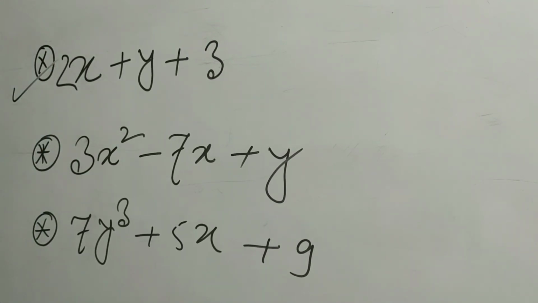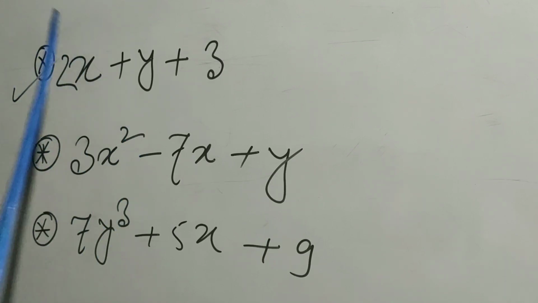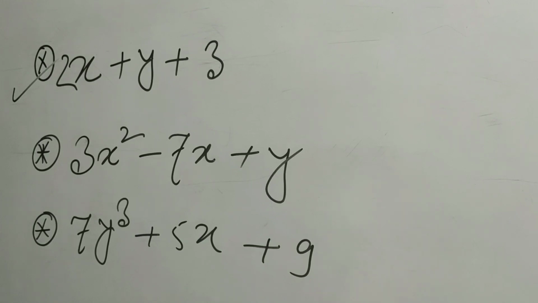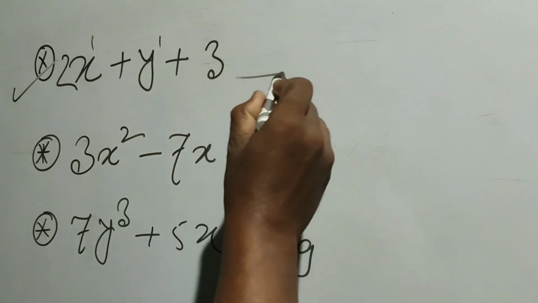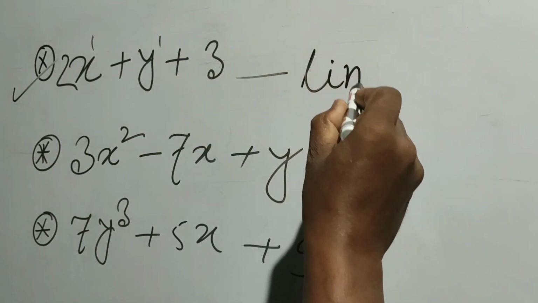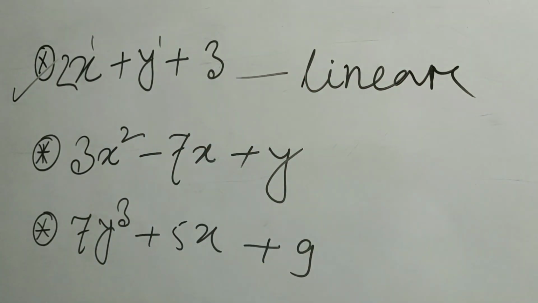In this example, there are two variables x and y. The power of the variable is 1. Here 1, here 1. If the power of the variable is 1, this kind of polynomial is known as a linear polynomial.